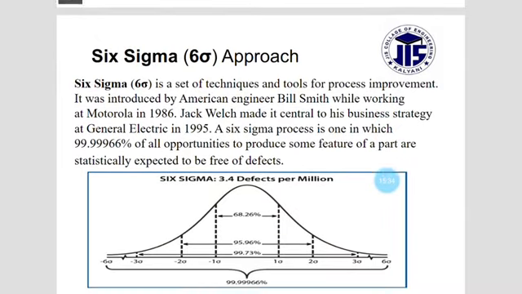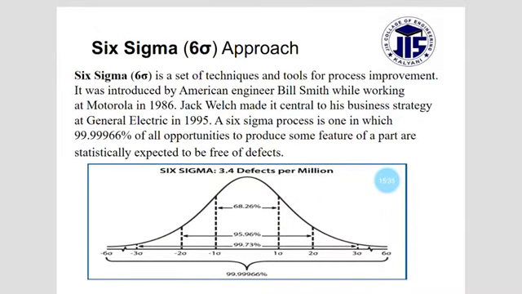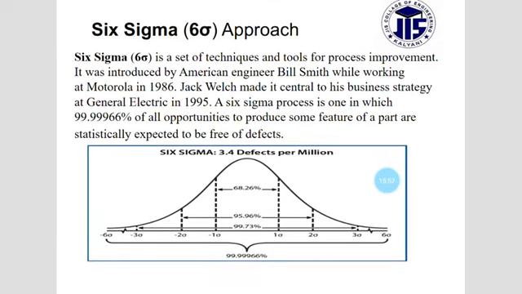And what is the Six Sigma approach? Six Sigma is a set of techniques and tools for process improvement. It was introduced by American engineer Bill Smith while working at Motorola in 1986.